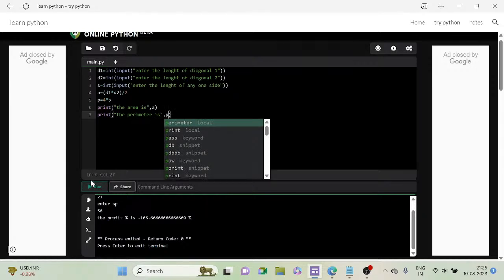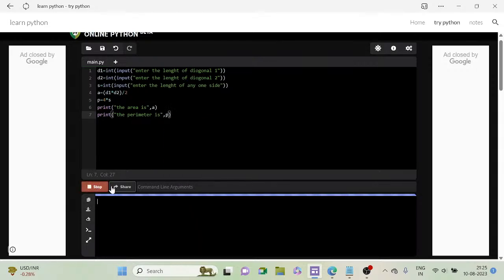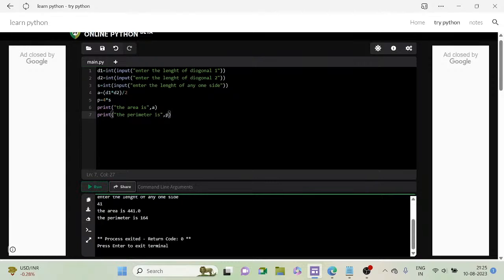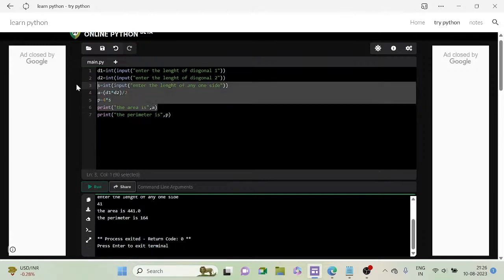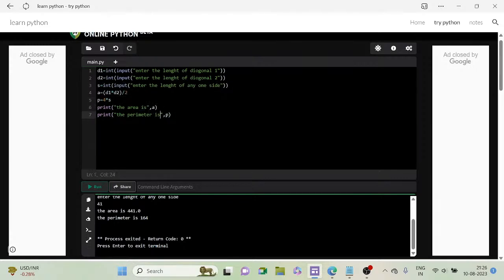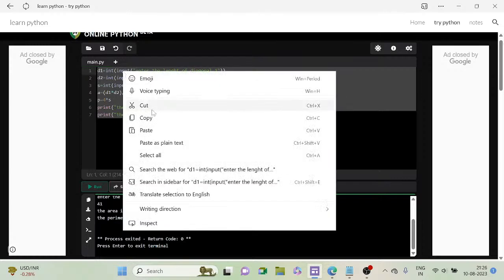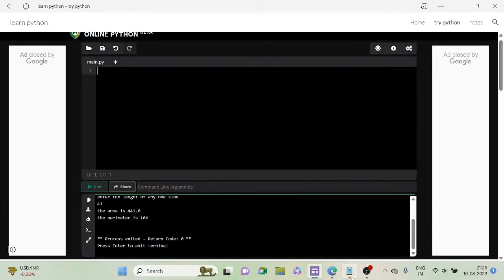Now let's run it. 42, 21, side 41. The area is 441 and the perimeter is 164. So that's all. Like this you are doing. Hope it's clear.